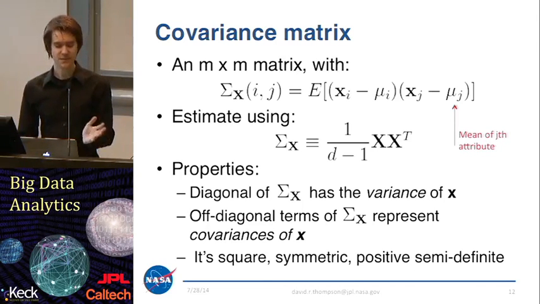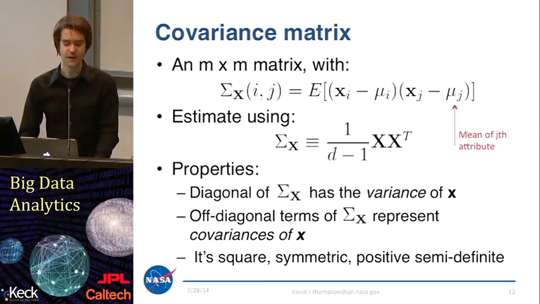The sigma sub x for attributes i and j is the expectation of the attribute i minus its mean times the attribute j minus its mean. And you can put all these together element-wise into an m by m matrix, where m is the total number of attributes in your data set.